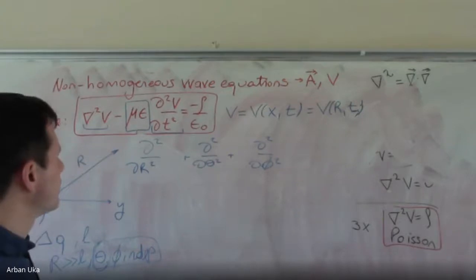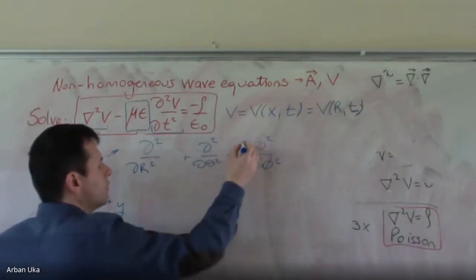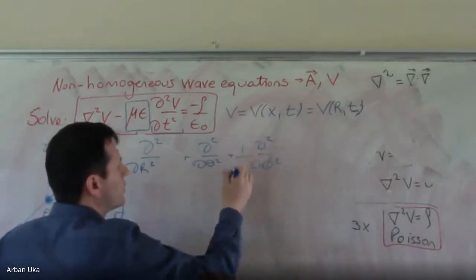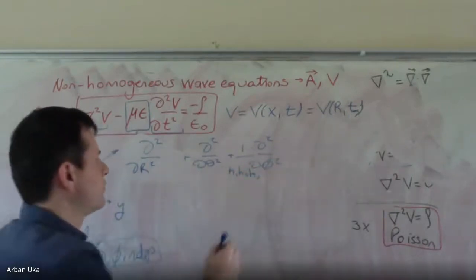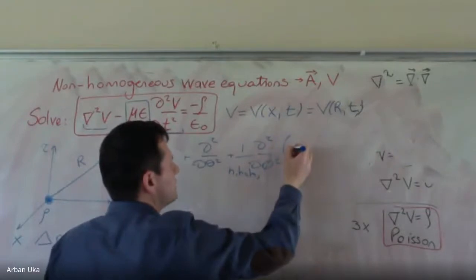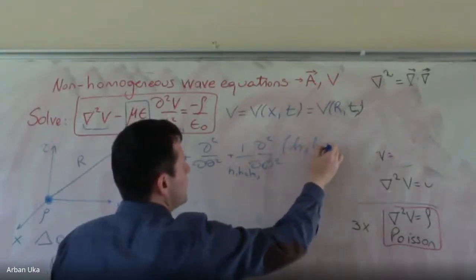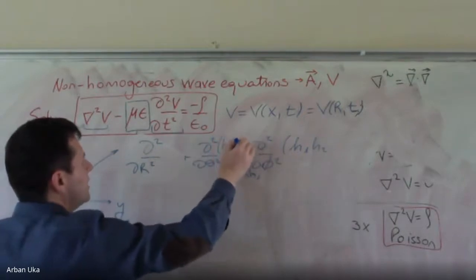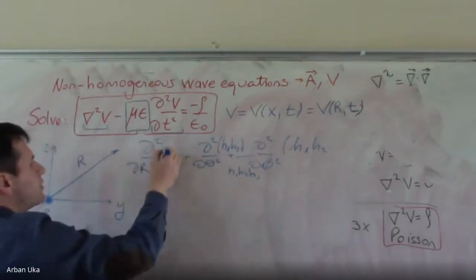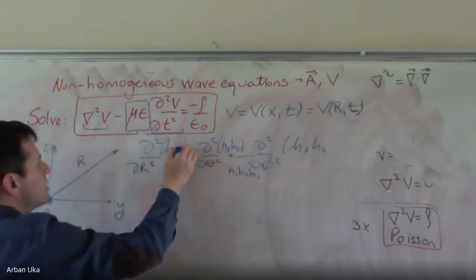We also have to include the product of each time 1 over h1, h2, and h3, right? And we have to multiply here also with h1, h2. Here we multiply this one with h1, h3. And since this is the first term, we multiply here h2 and h3.